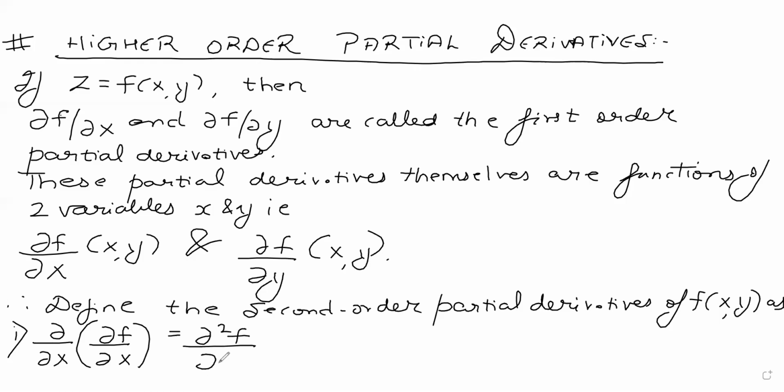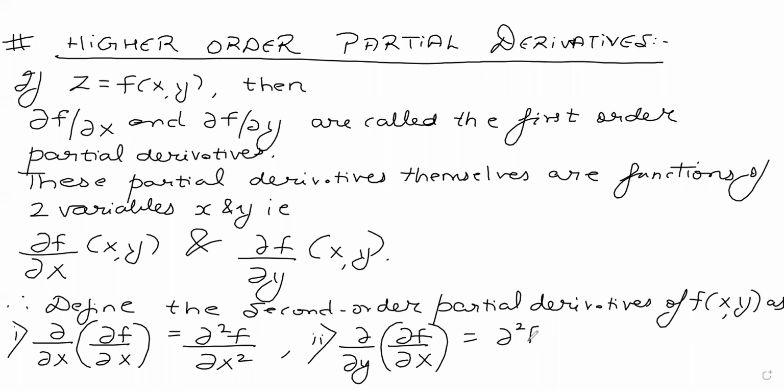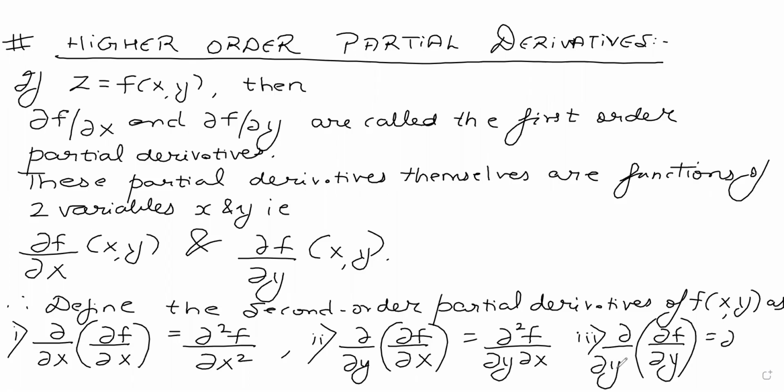Del square f by del x square. Del f by del x, if I differentiate with respect to y, I get del square f upon del y del x. Then third, del f by del y, if I differentiate with respect to y, del square f by del y square.